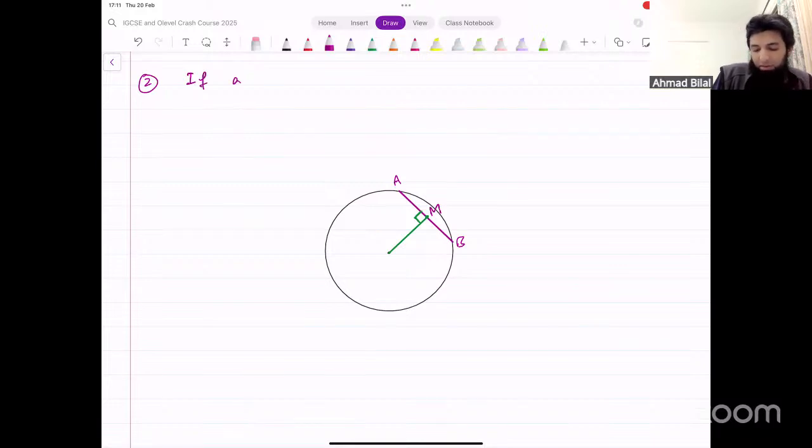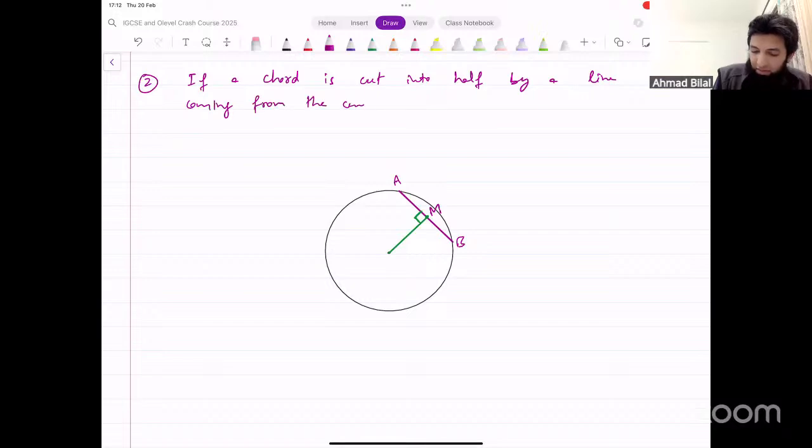If a chord is cut into half by a line coming from the center, the angle made at that point is 90 degrees.